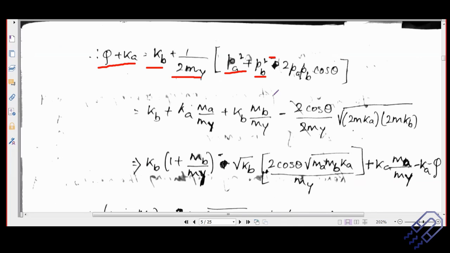Okay, so you see this is slowly turning out to be a quadratic equation. Now let's see how we write down or arrange this quadratic equation. So this Kb plus Ka Ma by My. I think this is not very complicated. This My is there. This My is this My. Okay, and then this is Pa square divided by 2.